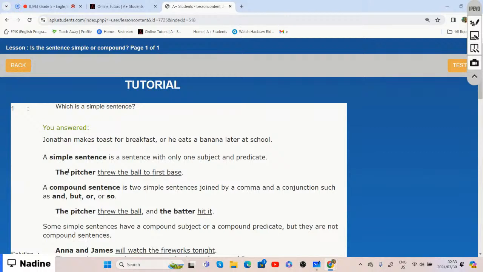But then also, we have simple sentences and compound sentences. A simple sentence is a sentence with only one subject and predicate. It's like a verb and a noun. For example, the pitcher, who is the subject, threw the ball to first base, which is your predicate.